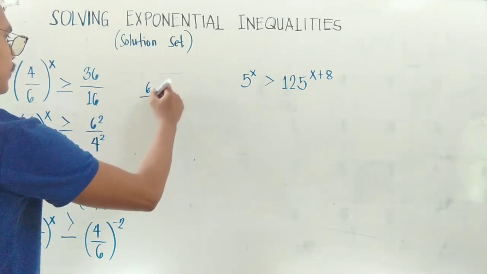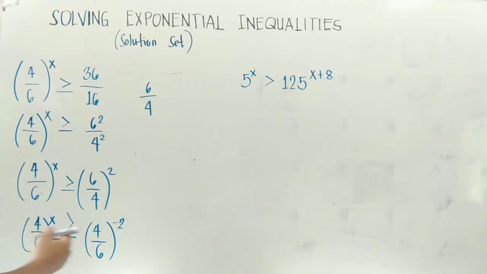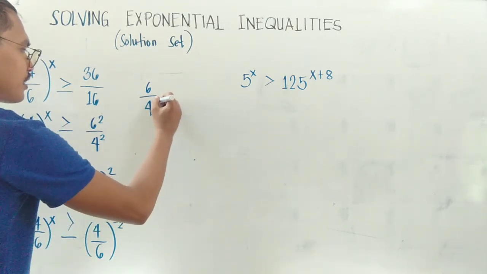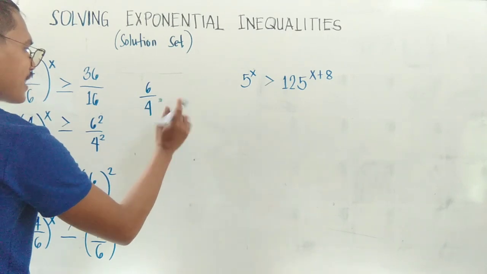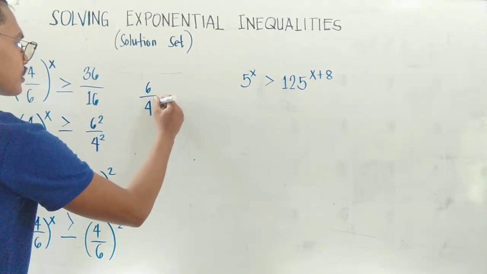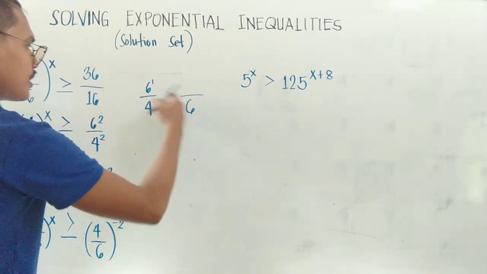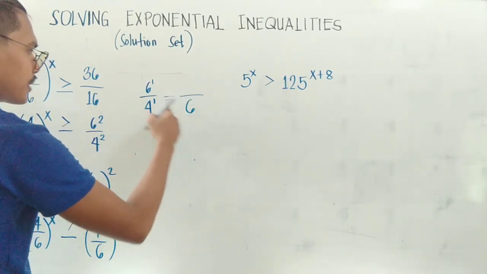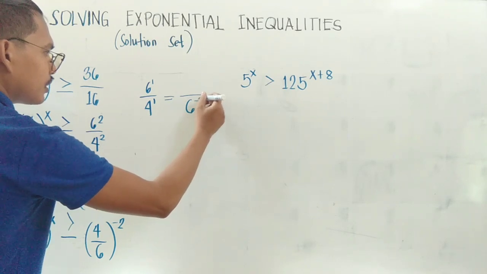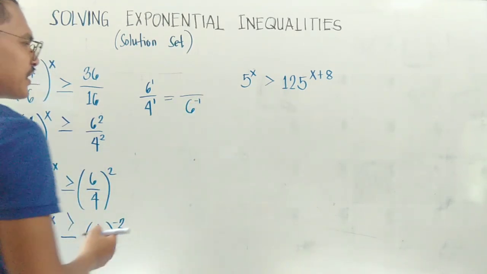From 6 over 4, the exponent is positive 1. 6, we will bring 6 to the denominator and the exponent will become negative 1.